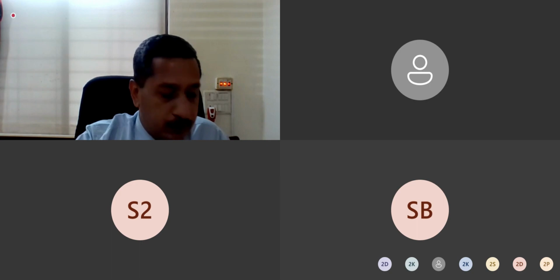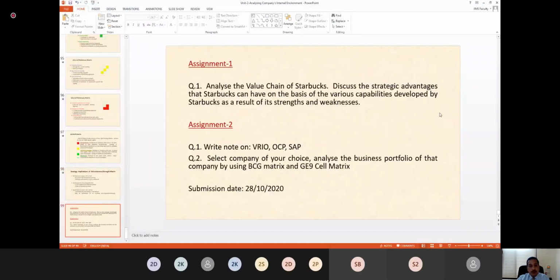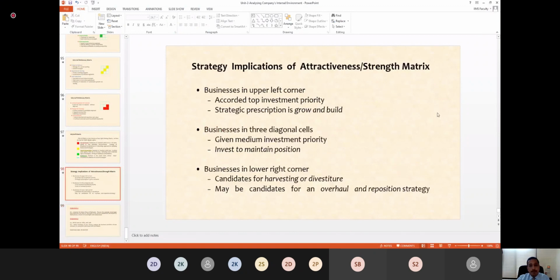We'll go a little further, to discuss one more part related to this GE nine cell matrix. That part is about implications. What are the implications of this attractiveness or strength matrix? For the upper left corner, which is in the green zone, that is very attractive.